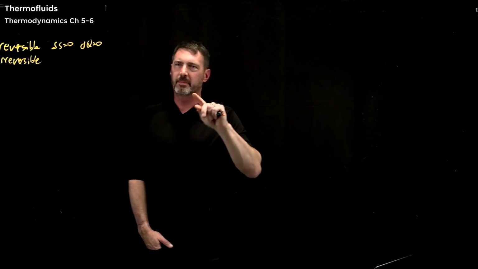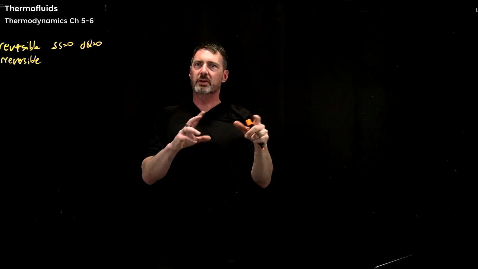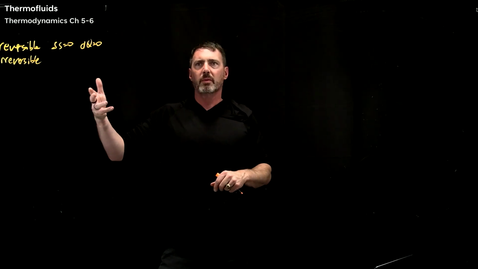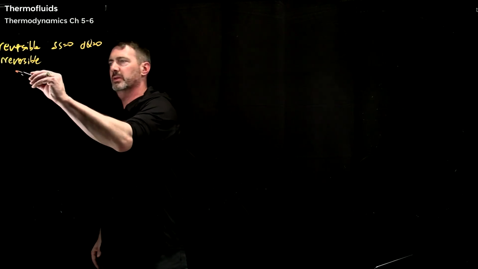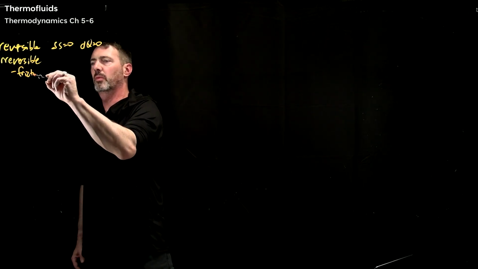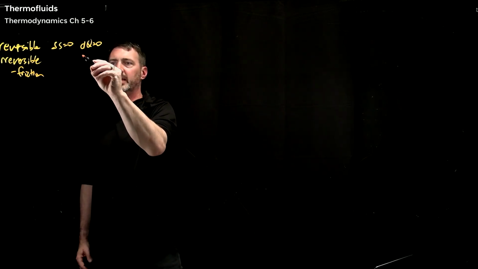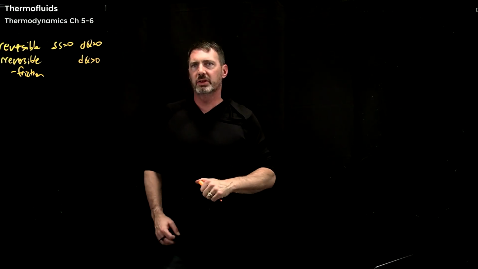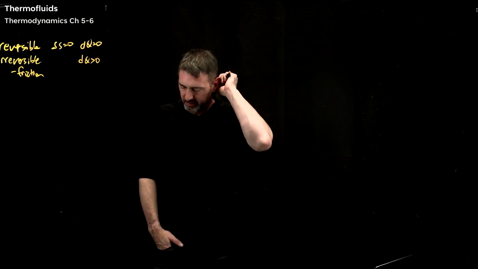Remember, heat is related to the entropy generation. So friction would make things irreversible. Why? Because there is some heat, right? So dQ is greater than 0, and so you're going to have a change in entropy. It's going to make things different.